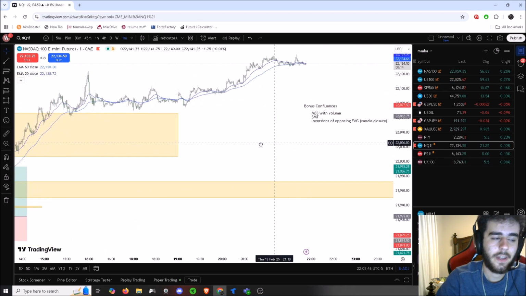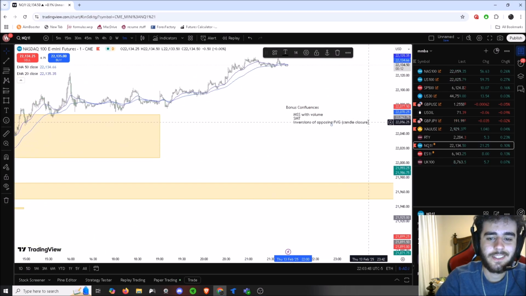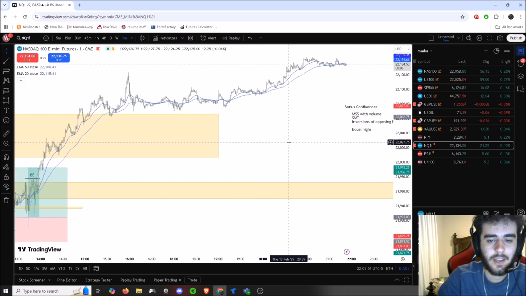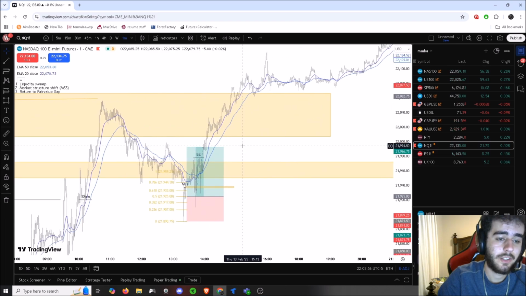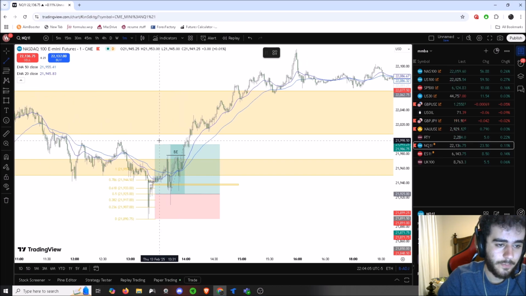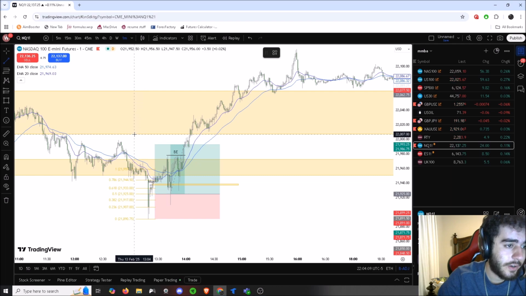Another thing that I almost forgot is the fourth thing, which is equal highs. This is less important, but still a very good confluence. For example, these equal highs right here, there is obviously liquidity. Well, it's not quite equal, because one of them took it out, but they're very close.